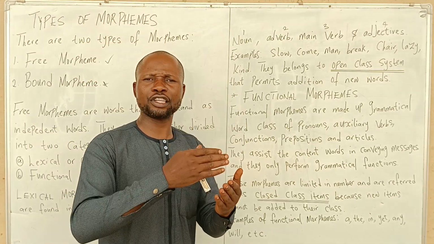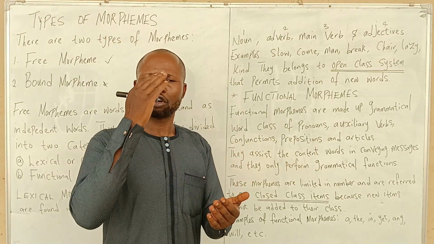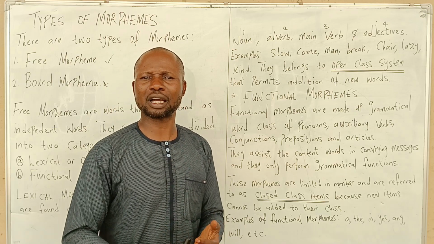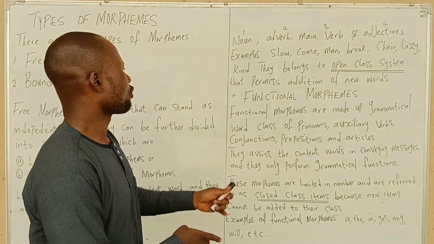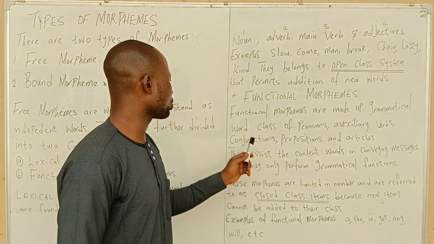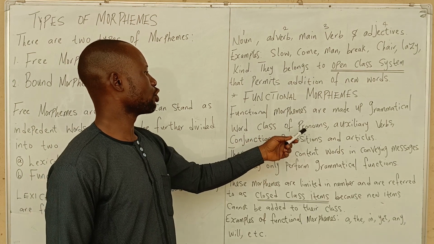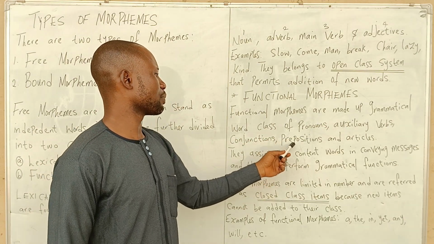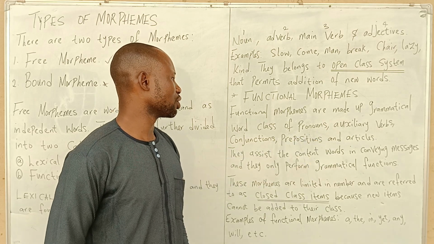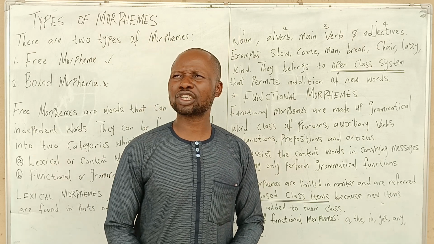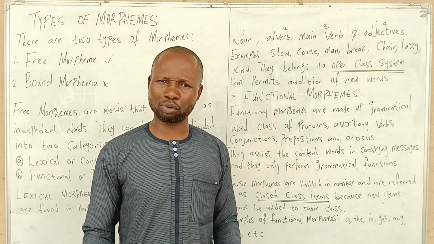So the next is functional morphemes. Under free morphemes, there are two types, which are what? Content morpheme and functional morpheme. So functional morphemes are made up of what? Grammatical word classes of pronouns, auxiliary verbs, conjunctions, prepositions, and articles. For example, let us use pronouns. Nothing can be added to the class of pronouns.